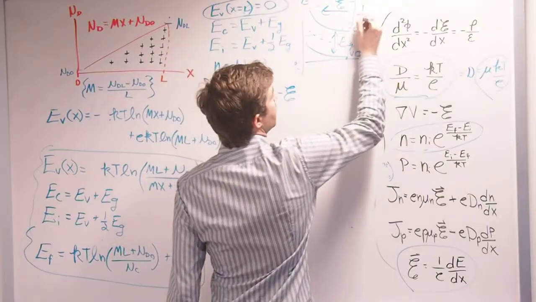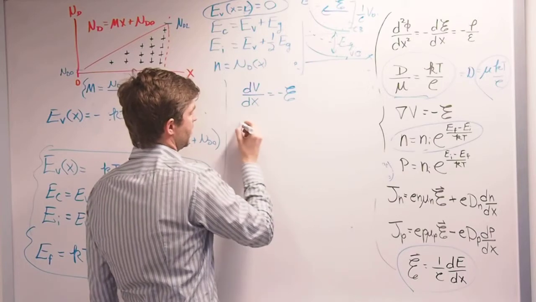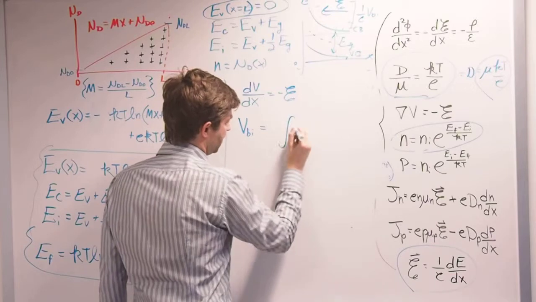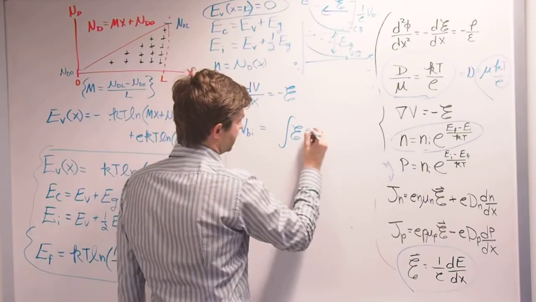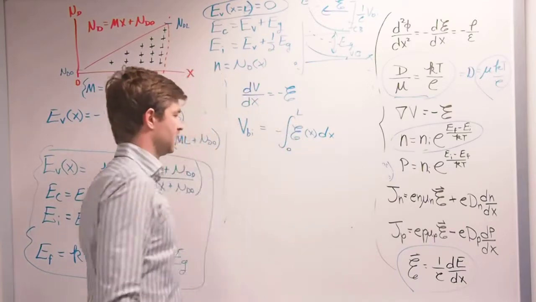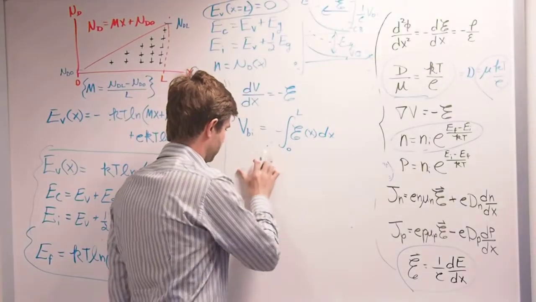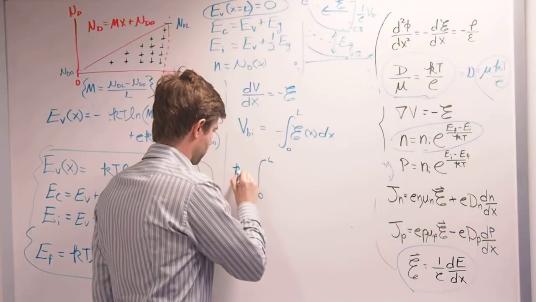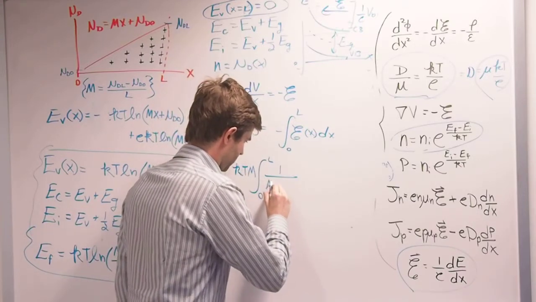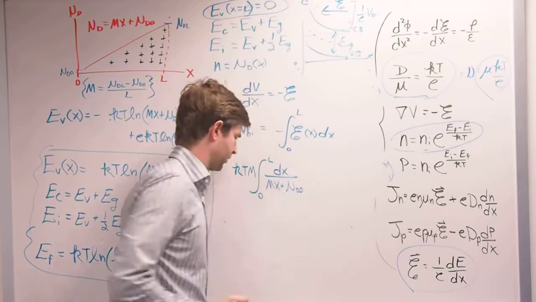So VBI is equal to negative the integral of E of x dx from 0 to L. What is that? That is the integral from 0 to L of kT m over e, 1 over mx plus n d naught dx.